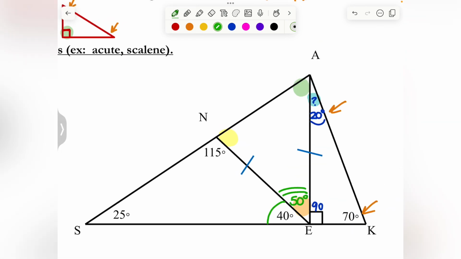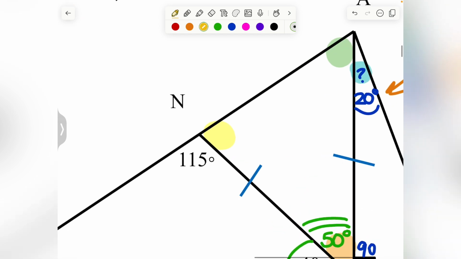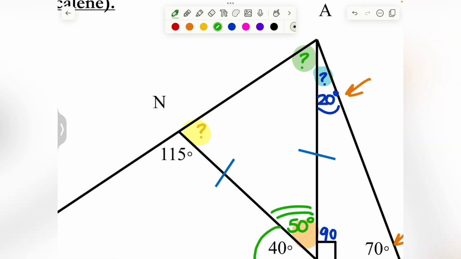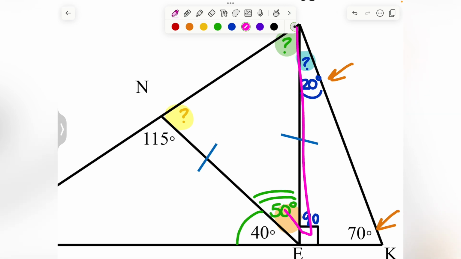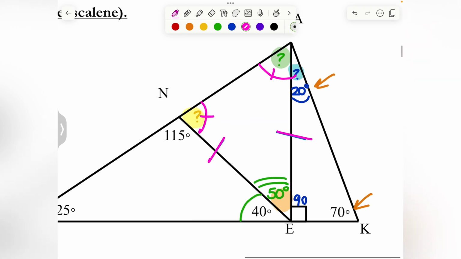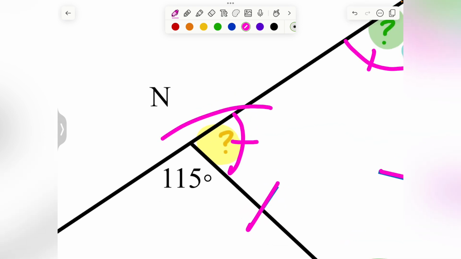And I think probably the hardest one, well, there's a couple ways we could do this, is figuring out these two angles. This one here, this one there. But one thing I do know is that they need to be congruent. Why? Because this triangle is an isosceles triangle. If these sides are congruent, then these angles are congruent. So I think the easiest thing is looking at this.